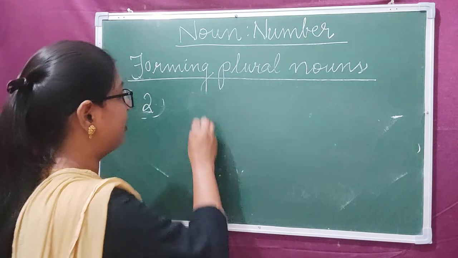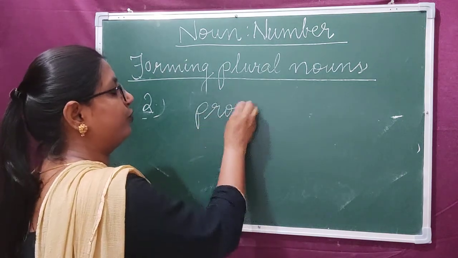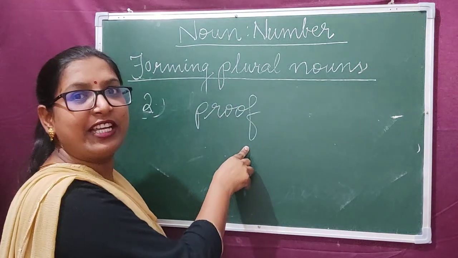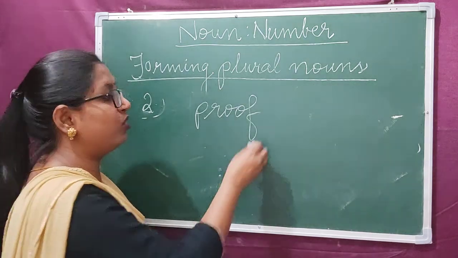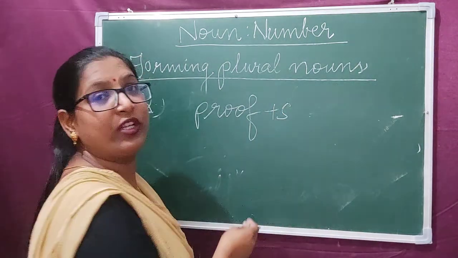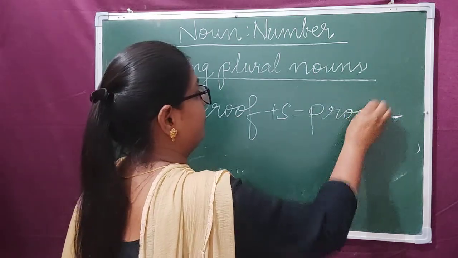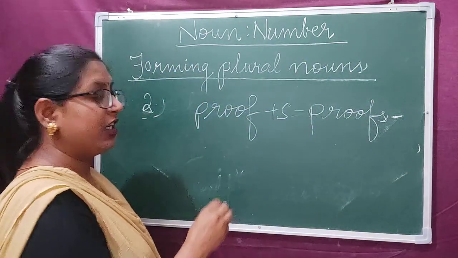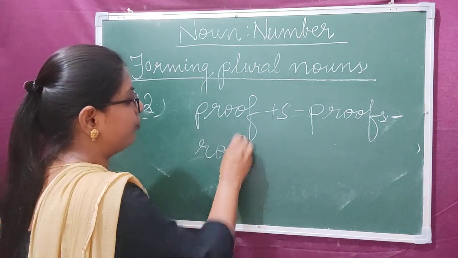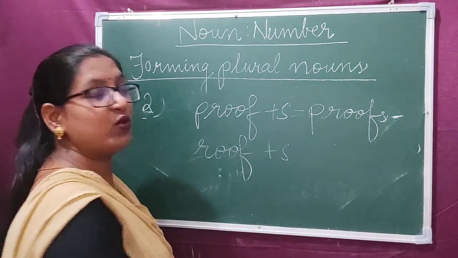For example, proof. Though it is ending with F, we do not follow this rule. We just add S with it to make it plural. The word we get is proofs. Clear? Roof. We just add S with it.